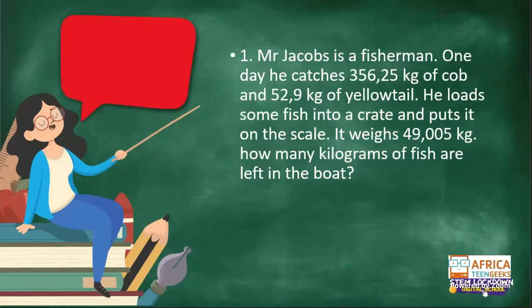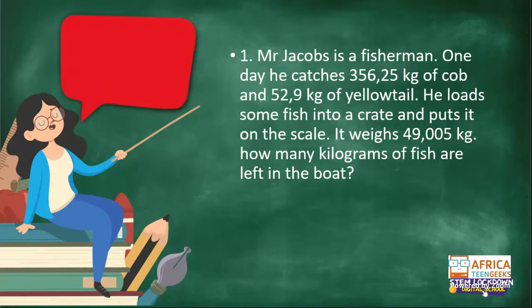And I hope that you can be able to do that. This is something that we have done before, decimal fractions when it comes to addition. So Mr. Jacobs is a fisherman. He caught 356.25 kg of carp and 52.9 kg of yellowtail.